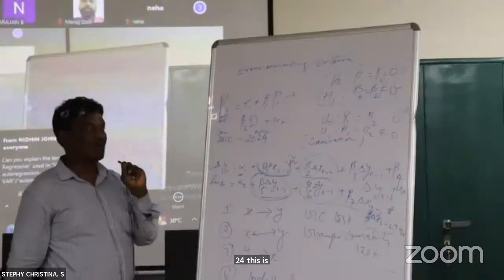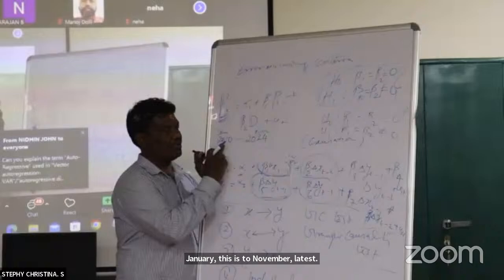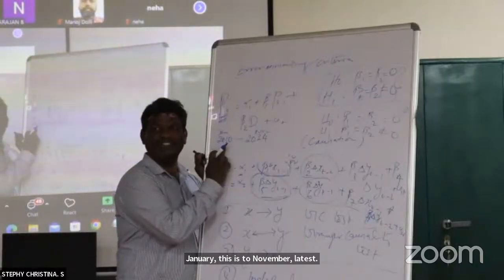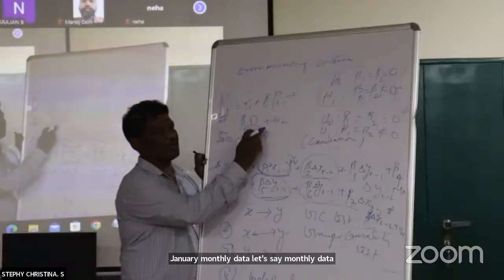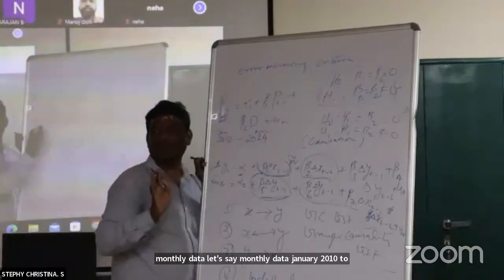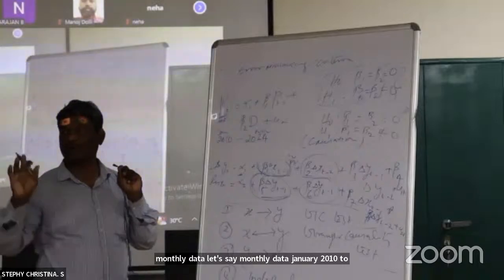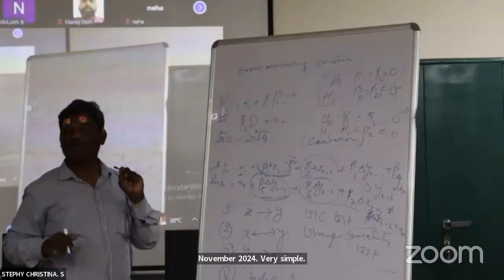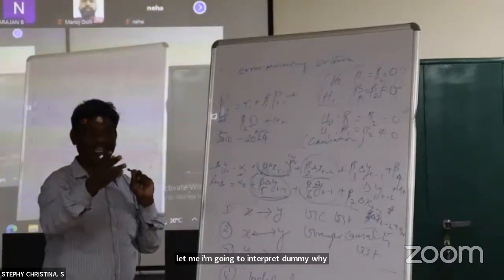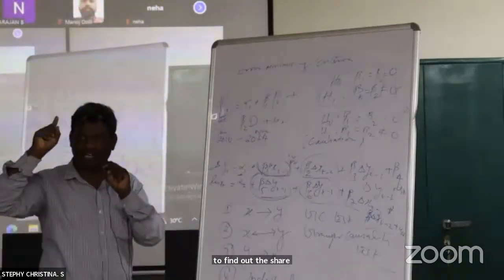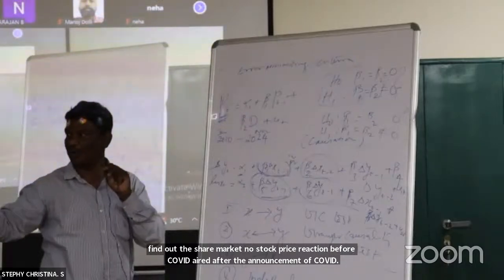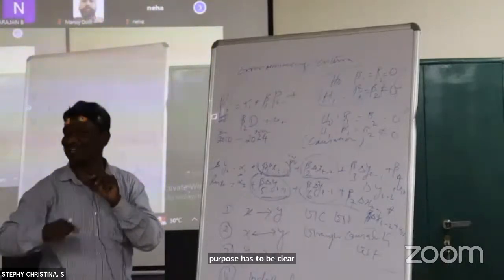Understand? So what is the data? Monthly data, January 2010 to November 2024. Very simple. I'm going to incorporate a dummy to find out the stock price reaction before COVID and after the announcement of COVID. The purpose has to be clear. Morning also, I told you, the objective needs to be very clear.